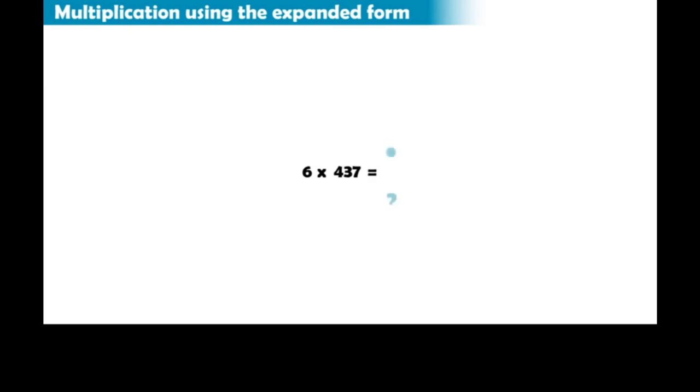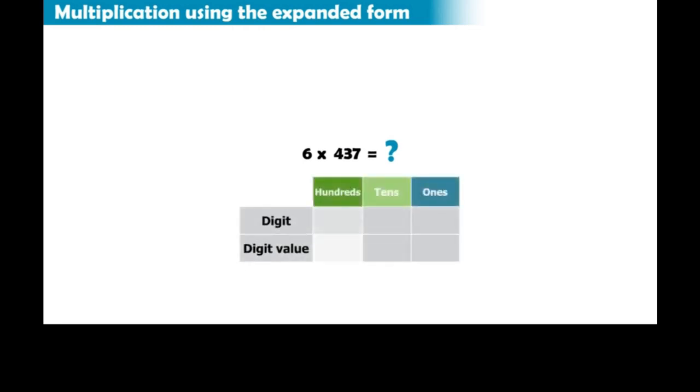Now here we will give an example. 6 multiplied by 437. To start this, we break down the number by writing it in expanded form in the columns. We will place 7 in the ones column, so its value will be 7. We will place 3 at the tens place, so its value will be 30.